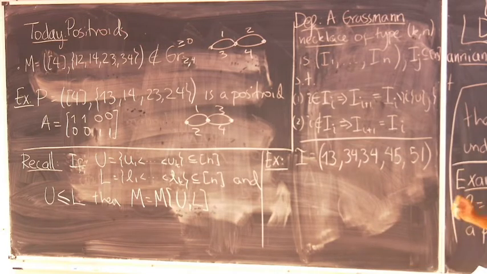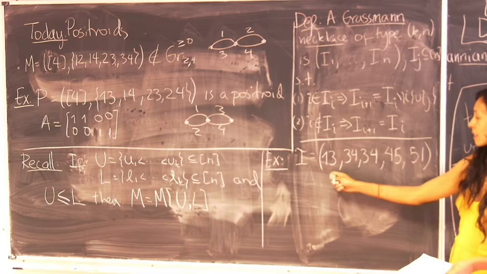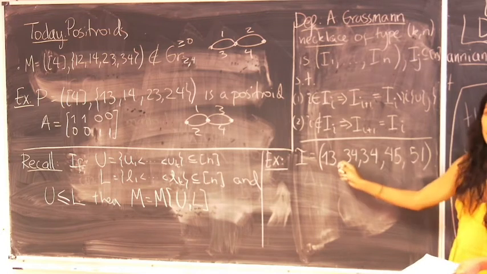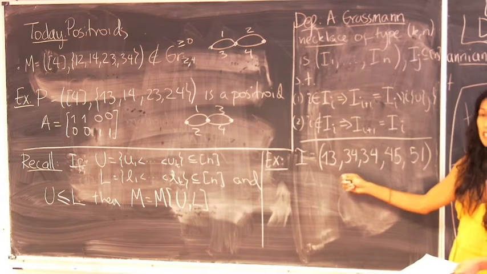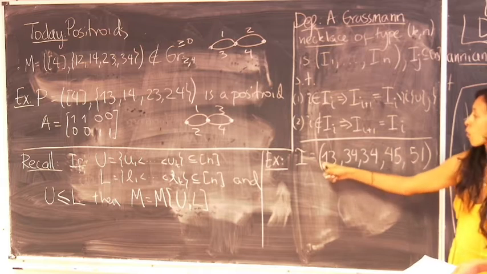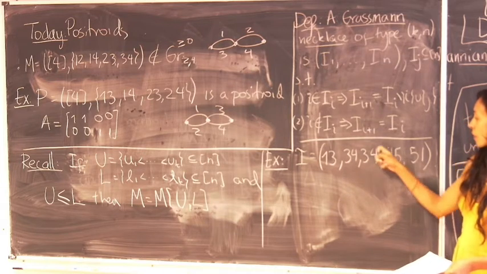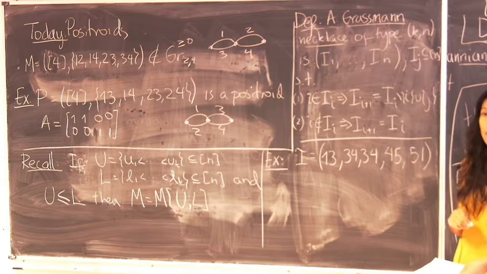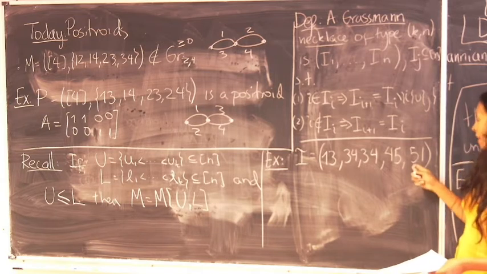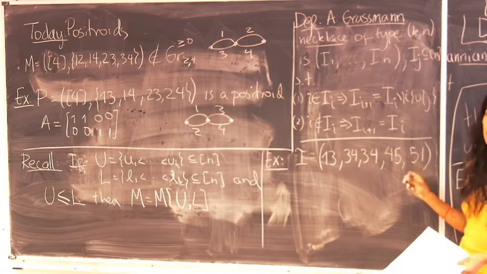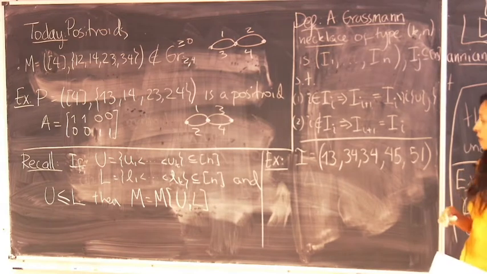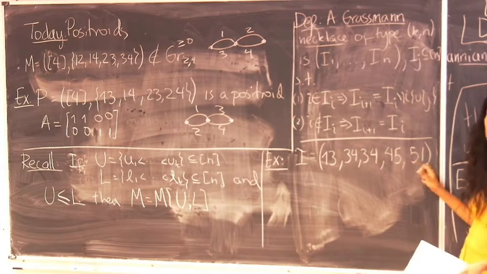So what do I mean by this? I'm taking this tuple of 5 subsets. So here my n is 5, my k is 2. I1 is this guy, I2, I3, I4, I5. And I wrote here I5 as 5 1 and not 1 5 for reasons that I'll tell you later, but basically this is just the subset 1 5.